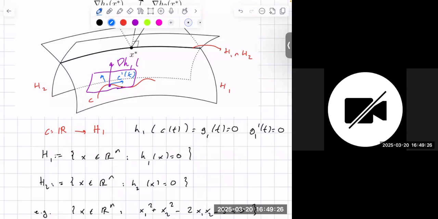Okay. So let me draw the pictures from the get-go. So this is my curve. It lives entirely on the surface. And that means anything from the curve, when I plug it into the equation that gives the surface, is going to be 0. That means traveling through the curve does not change anything at all for this function.